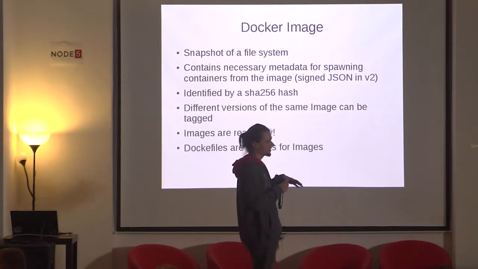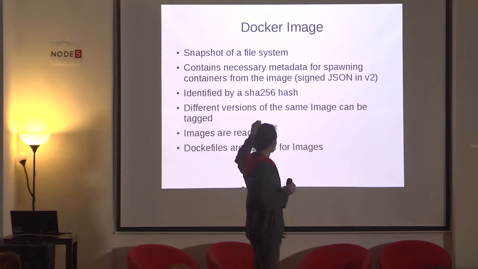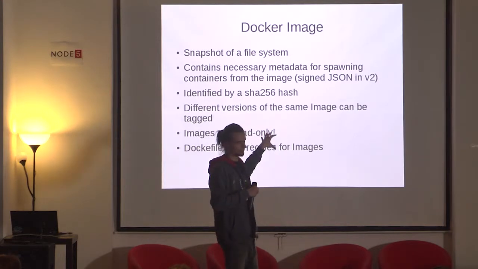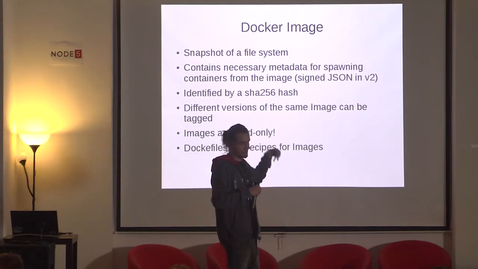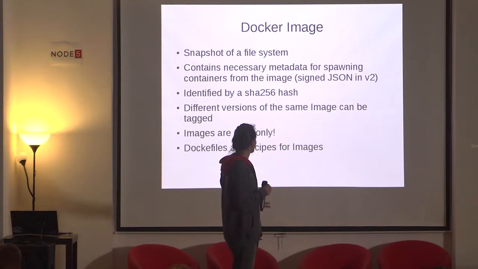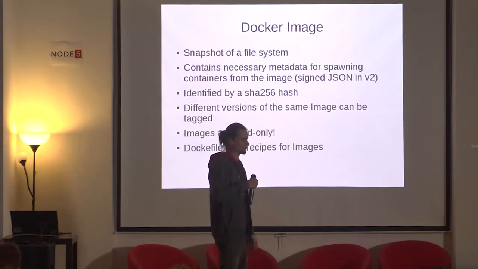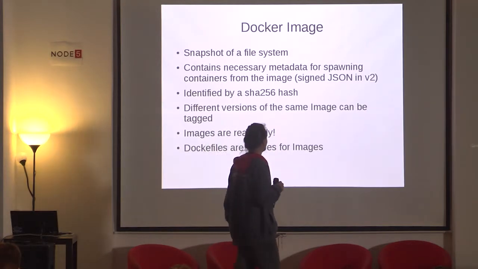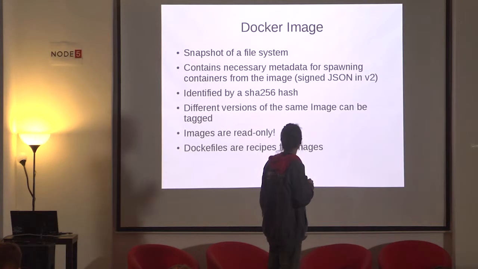This way we can pinpoint the given tag to the given name at the given time. Because if someone else comes and changes one of those layers, they are going to end up with a different hash. So that is how you can differentiate between version 1 and version 2 images.